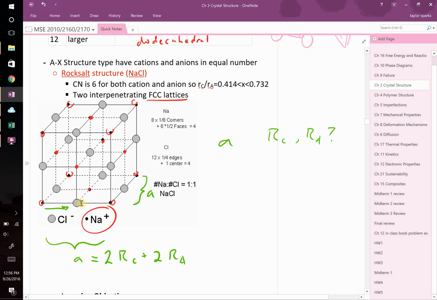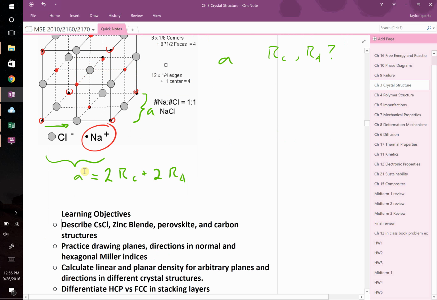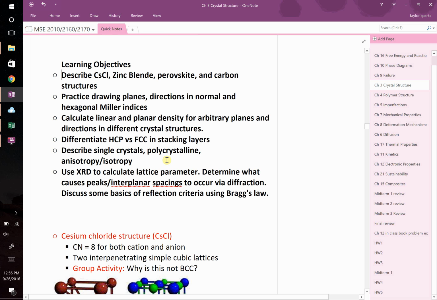The anions and cations like to be touching, so we can figure out the lattice parameter along that edge length: it's 2 cation radii plus 2 anion radii. So today we're going to pick up building on that.